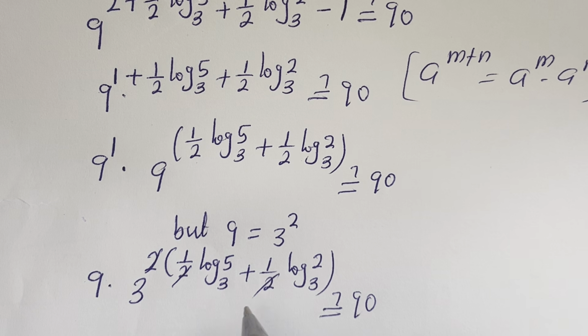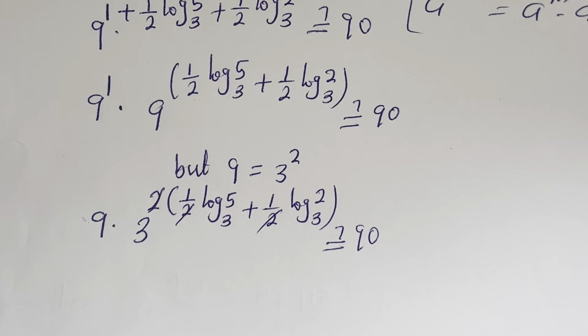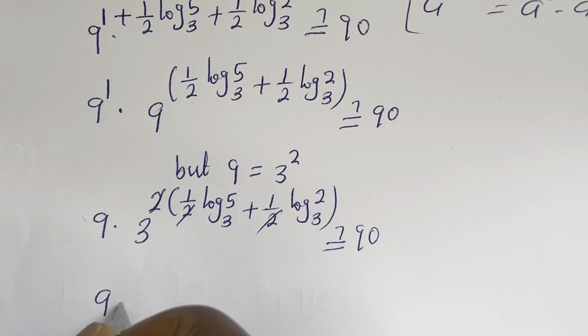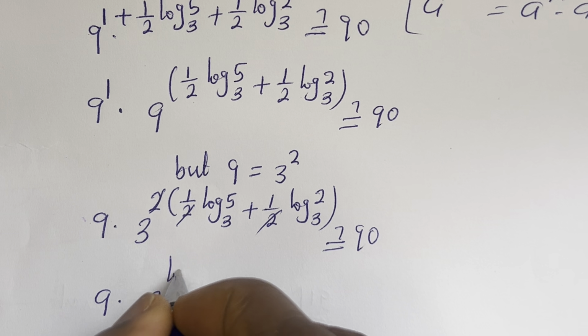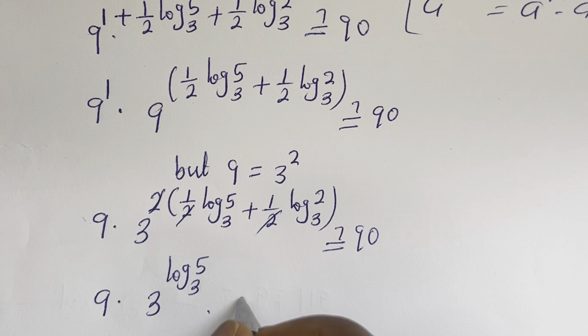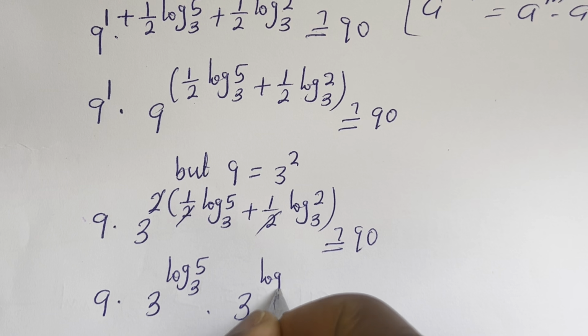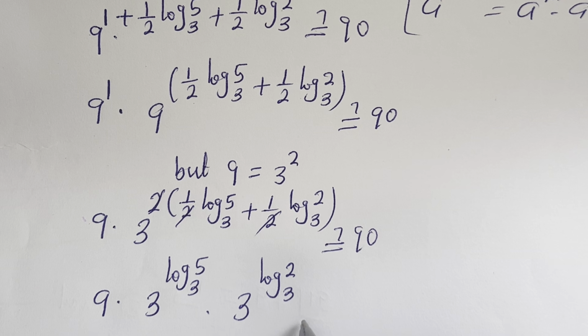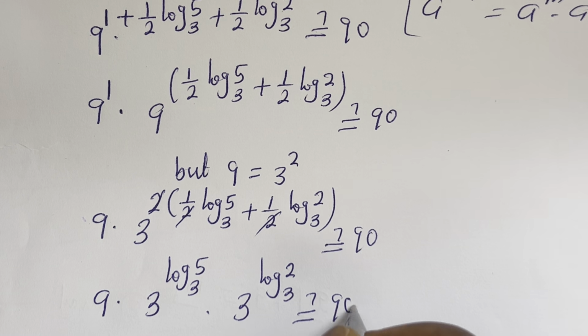This will cancel this and this. Then we have 9 multiplied by 3 to the power of log 5 base 3 multiplied by 3 to the power of log 2 base 3 must be equal to 90.